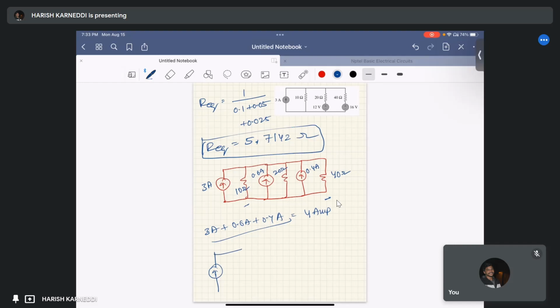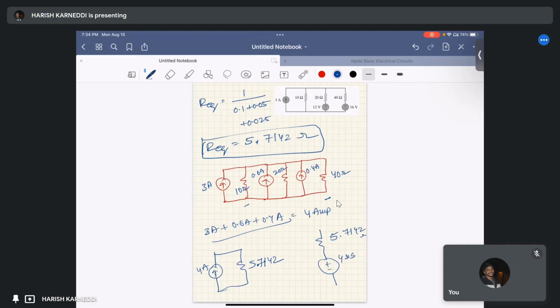Current source in parallel with the resistance, right? And in parallel with the resistance, that is 5.7142. This can be replaced with a voltage source in series with the resistance. The resistance remains the same, that is 5.7142 ohm, and the voltage equals current into resistance, right?